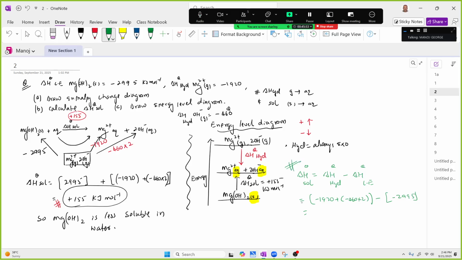This is for those guys who don't like the Hess diagram also. Someone please confirm. Are you still getting plus 155? I need someone to confirm, are you still getting plus 115?